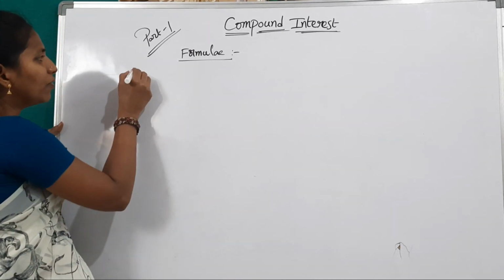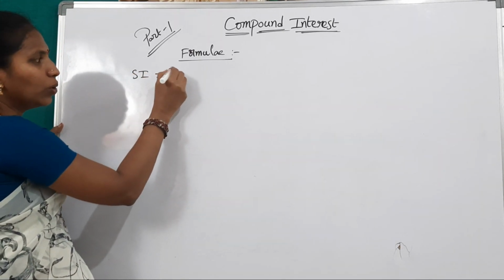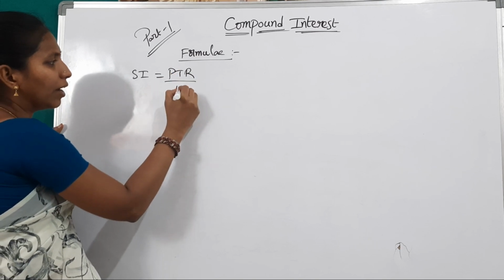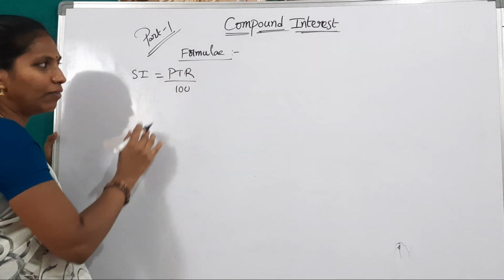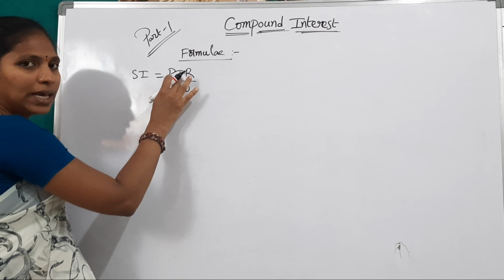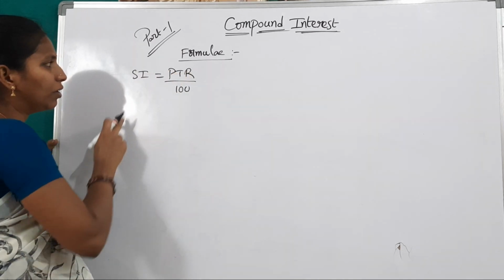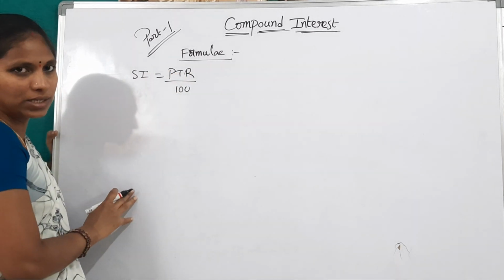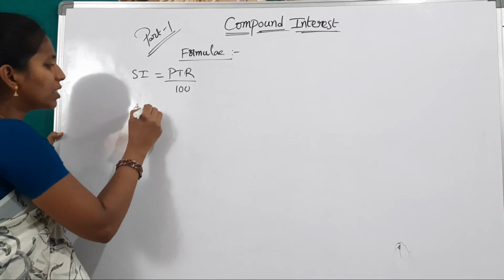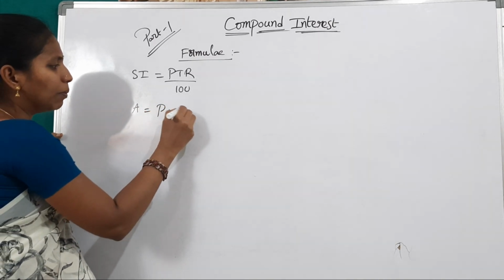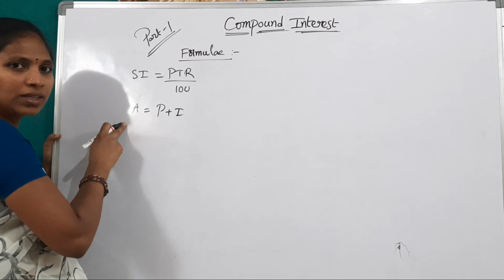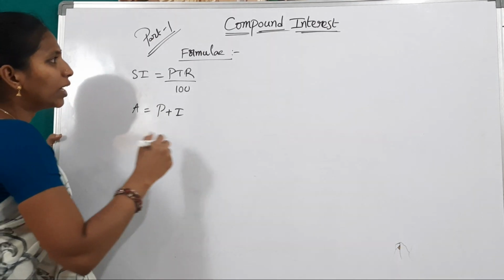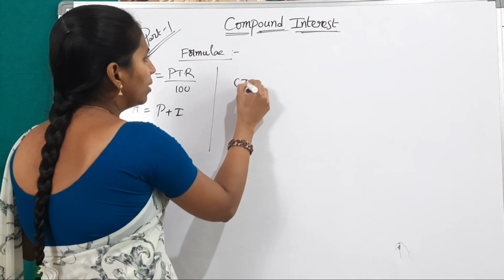Now see, what is the formula for simple interest? SI equals PTR by 100 or PNR by 100, where P is the principal, T is the time period, R is the rate of interest and SI is the simple interest. And amount is equal to P plus I, principal plus interest is called amount. What about the compound interest CI?